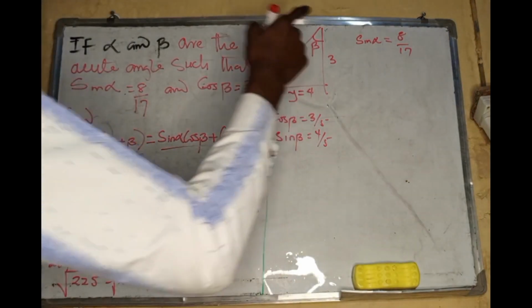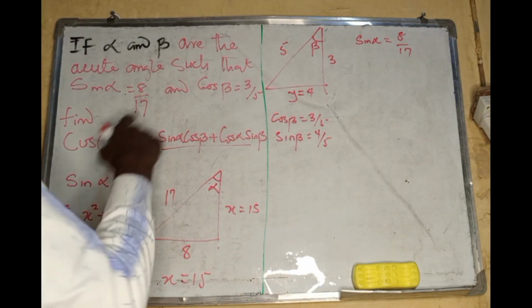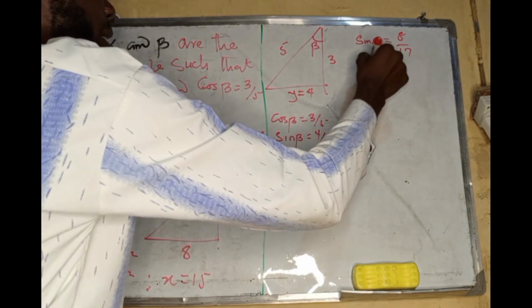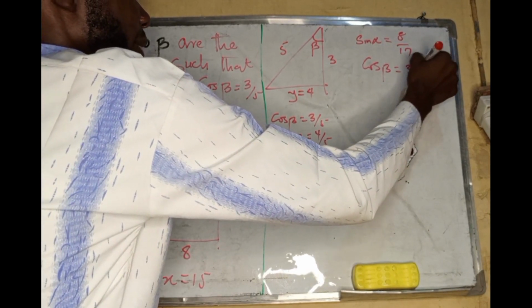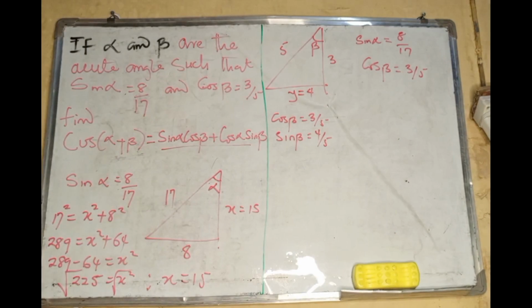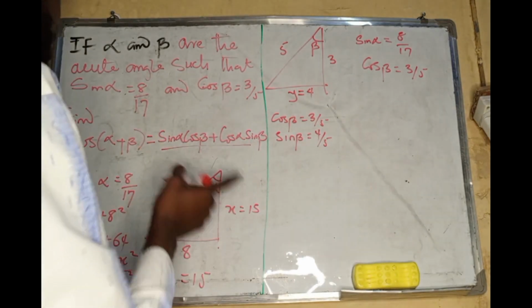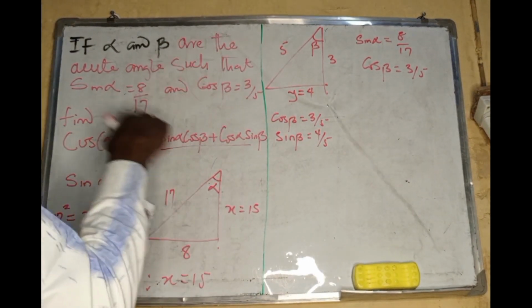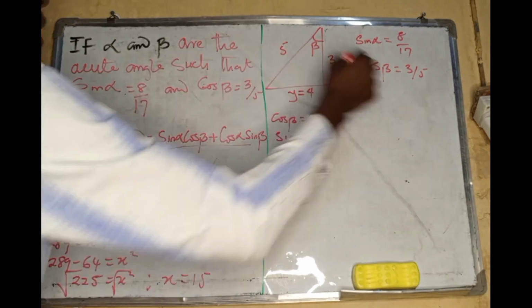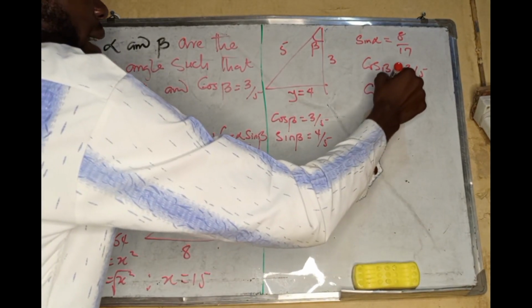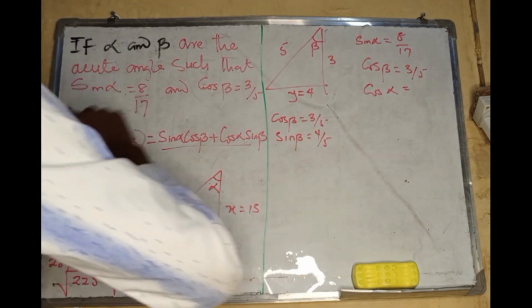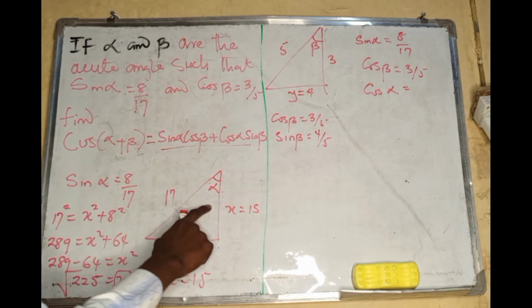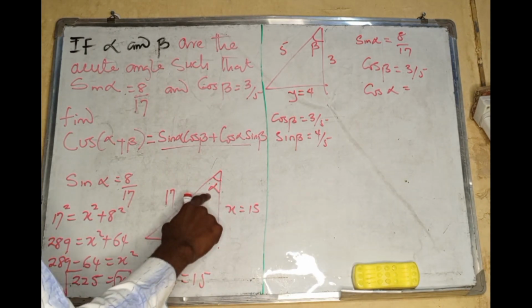I have sine alpha to be 8 over 17. Cos beta is equal to 3 over 5. Right? Good. So what next now? So we need to get cos alpha. Now for cos alpha, this is the alpha angle. What's cos?